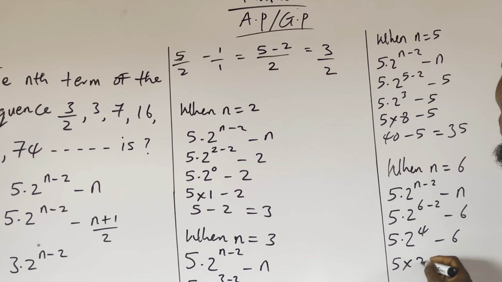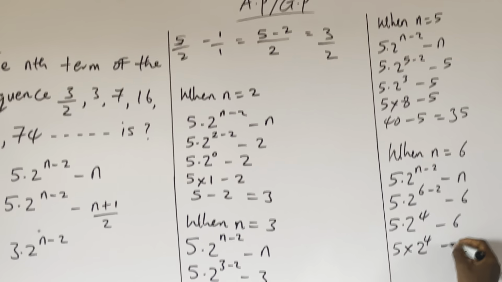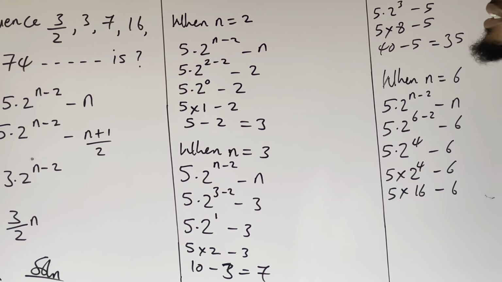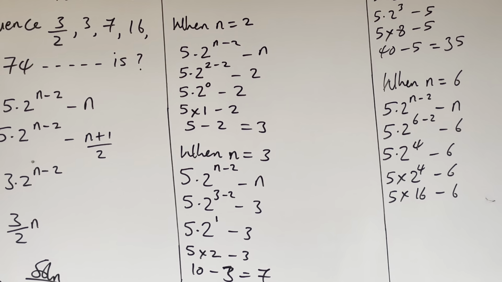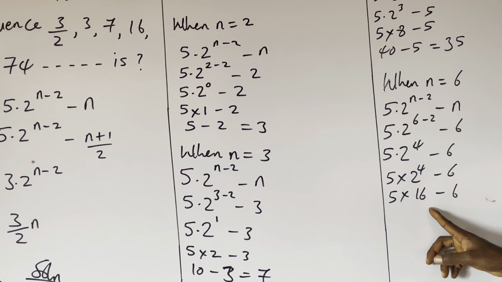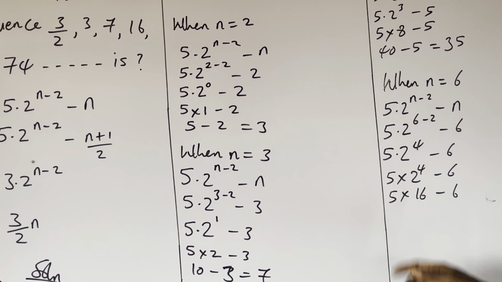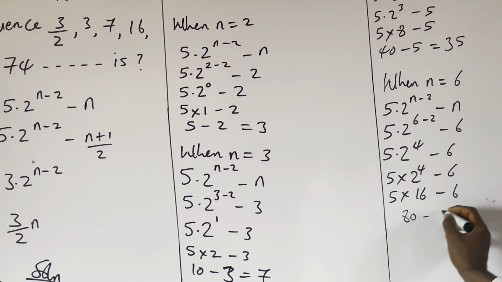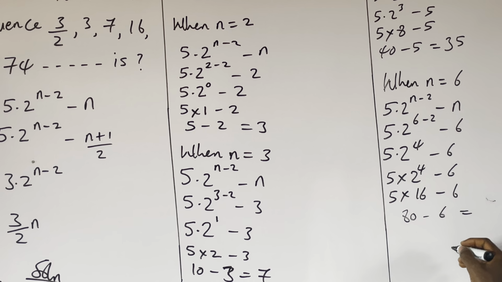This is 5 times 2^4 minus 6. 5 times 16 minus 6, because 2^4 is 16. So 5 times 16 will give us what? 5 times 6 is 30, write 0, carry 3. 5 times 1 is 5, plus that 3 is 8, right? So this is 80 minus 6, and this will give us 74.